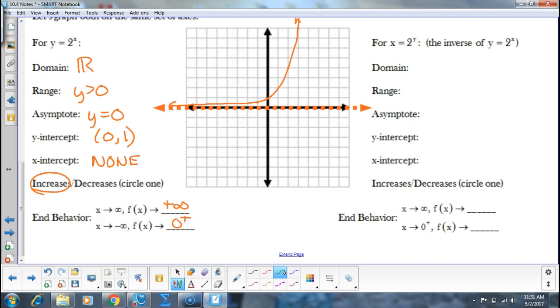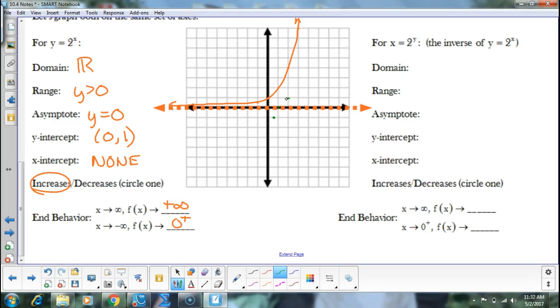So the first point that I graphed was -1, 1/2. That becomes 1/2, -1. The next point I graphed on the original function was 0, 1. That becomes 1, 0. Next point was 1, 2. That becomes 2, 1.